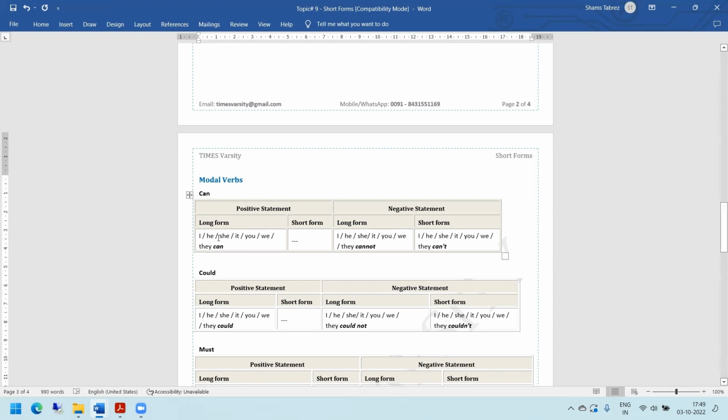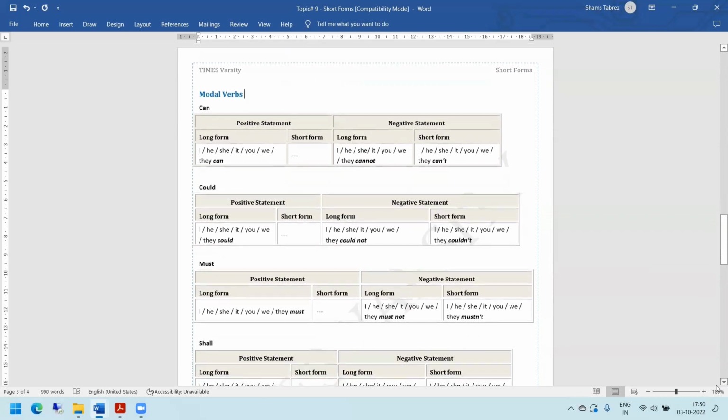So we can say I can, similarly you can, they can. So there is no short form for positive statement, but there is a short form of negative statement. So we can say I cannot, he cannot, she cannot, they cannot. So the short form is they can't. He can't. These are the short forms.